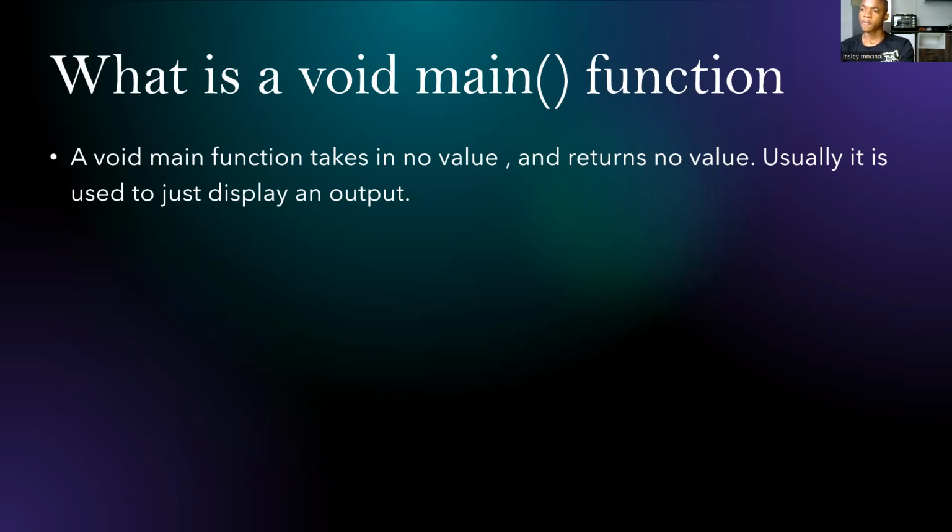Void main printf, hello world, and so on. Then you end your function and print that out, so it doesn't really do much. But with int, use it for calculations, use it for those types of things. So now you know the difference between void main and int main.